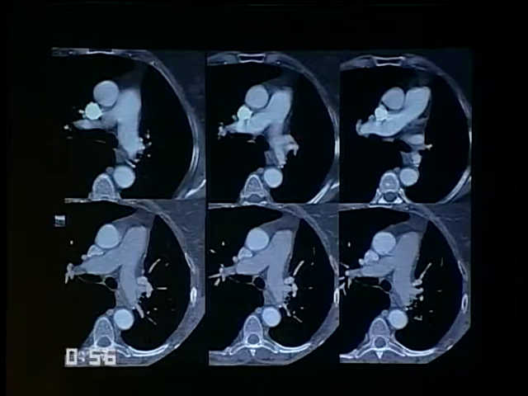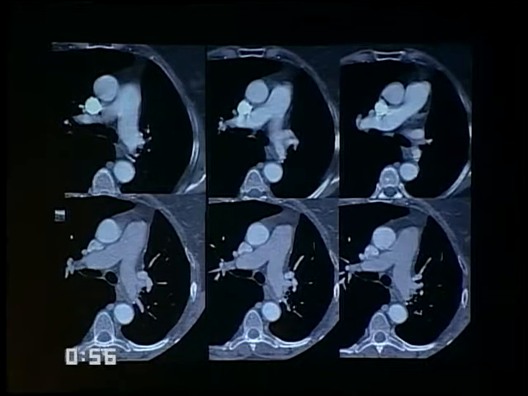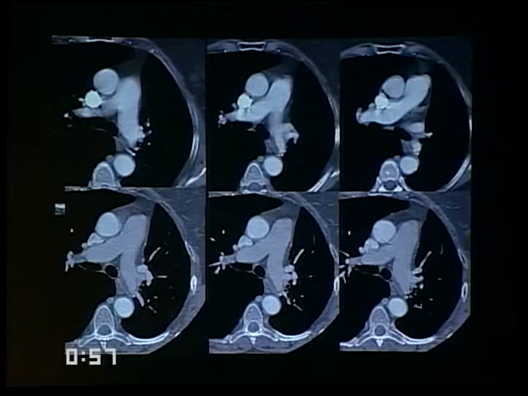And indeed, using 1 millimeter collimation and a dedicated scan, although the opacity is a little less, I think you can very clearly see that we're looking at a little bit of fat between the superior pulmonary vein and the pulmonary artery right here, which is simulating a defect. Very clear what the actual anatomy is using the thinner sections.